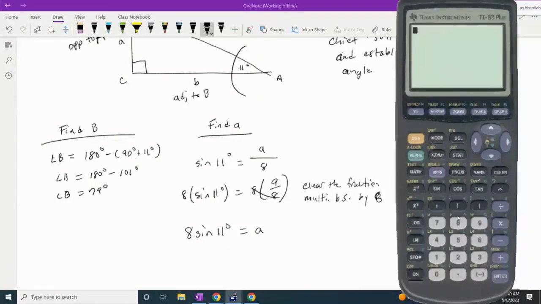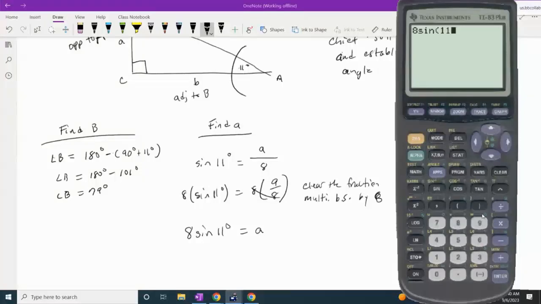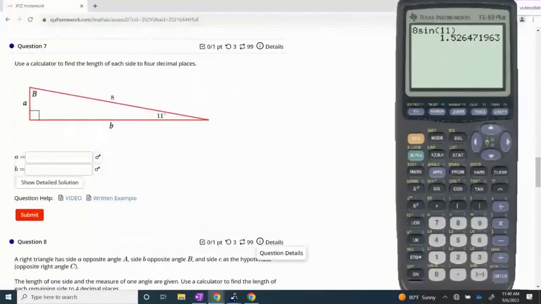And I'm going to just put that in. 8 times the sine of 11 degrees. And I get 1.5265, to four decimal places.